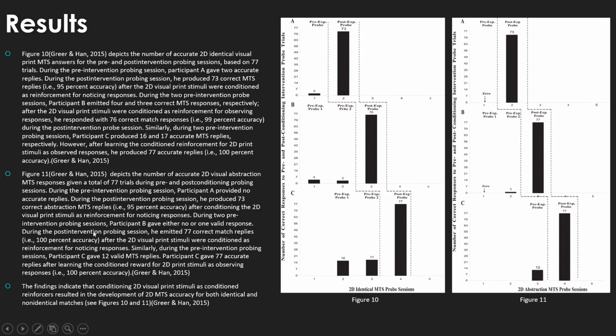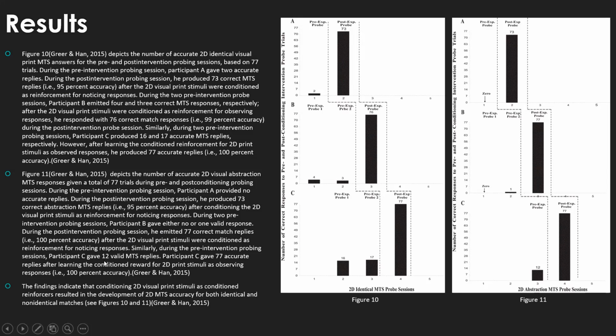During the two pre-intervention probing sessions, participant B gave either no or 1 valid response. But during the post-intervention probing sessions, he gave 77 correct responses, 100% accuracy, after he was conditionally reinforced with 2D visual print stimuli.